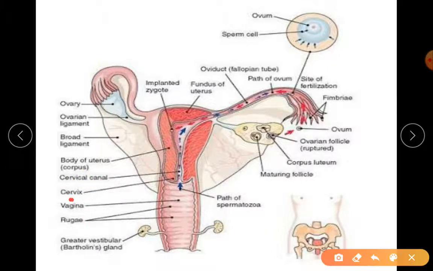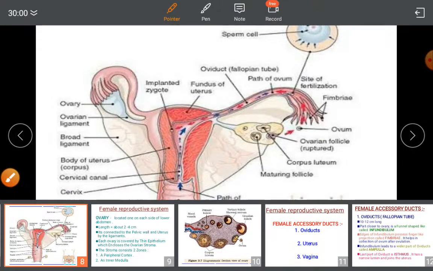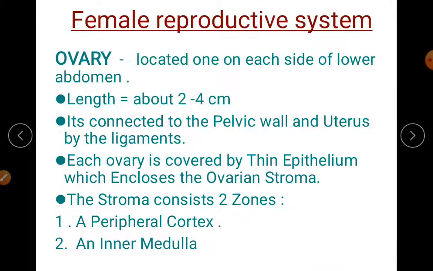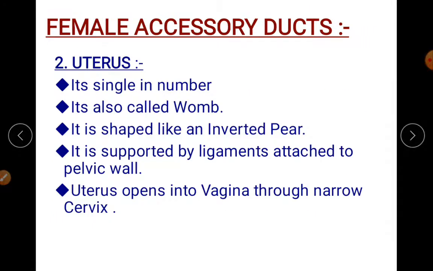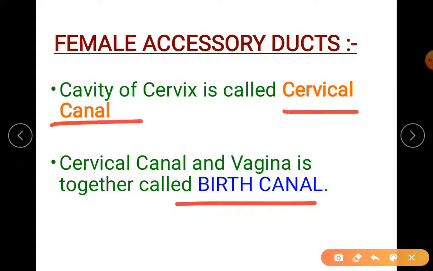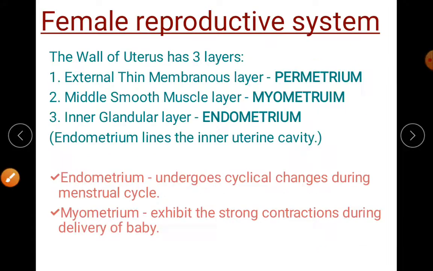Cervix is a region, or a passage we can say. The empty space is called the canal. Cervix is the part, the cervical canal is its cavity. So this is clear. One mark question: what is cervical canal? What is birth canal?